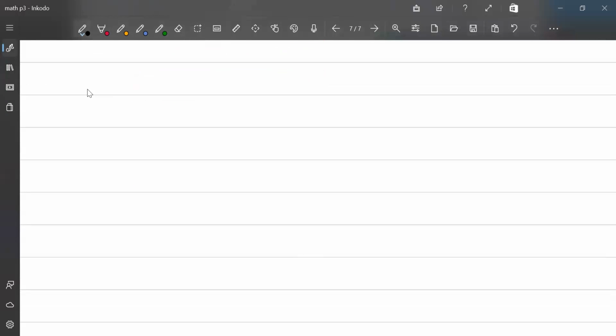Now let's say we have x ln x. So our first step is to write LIATE here and check the order, right? The first term is algebraic, and logarithm is the second term, right? So we are going to check this particular order, all right?